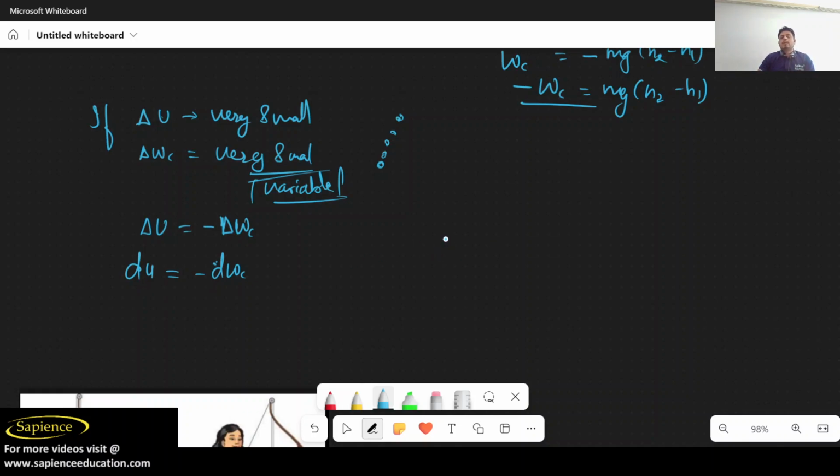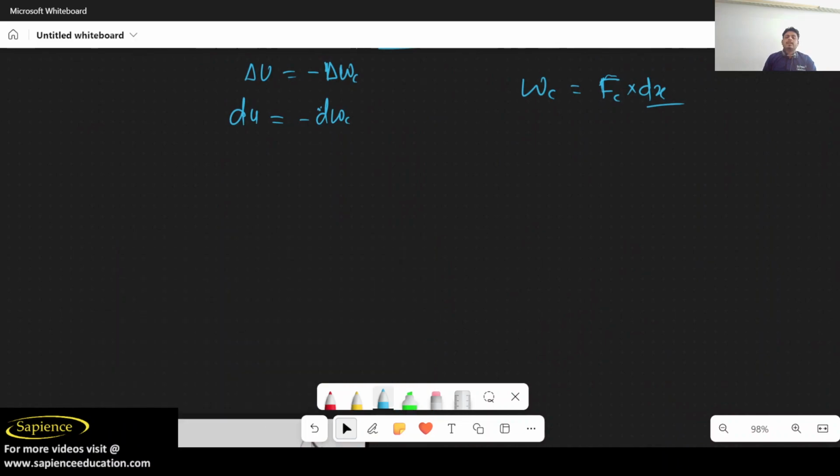Now if I talk about work done by the conservative force, this will be the conservative force into dx, if x is the displacement. So can we write here, integrate both the sides. So by integrating both the sides, what happens? We can integrate negative of work done, that is equal to dWc.